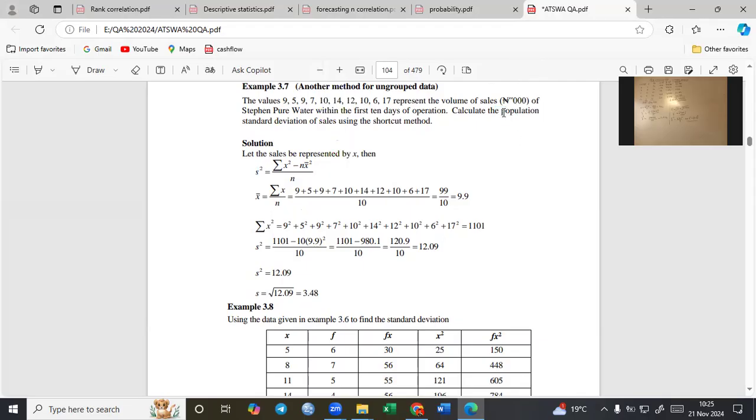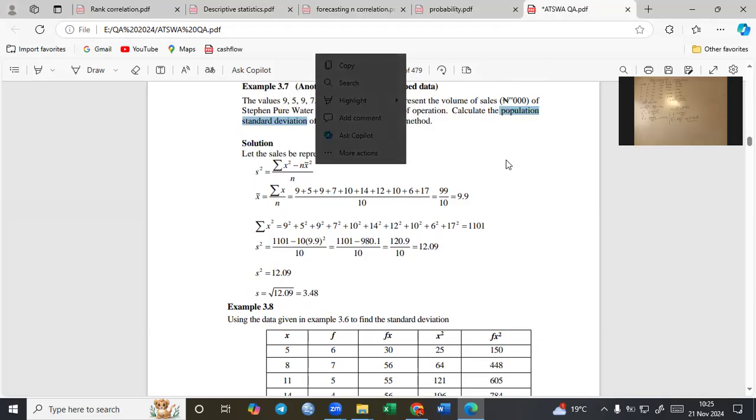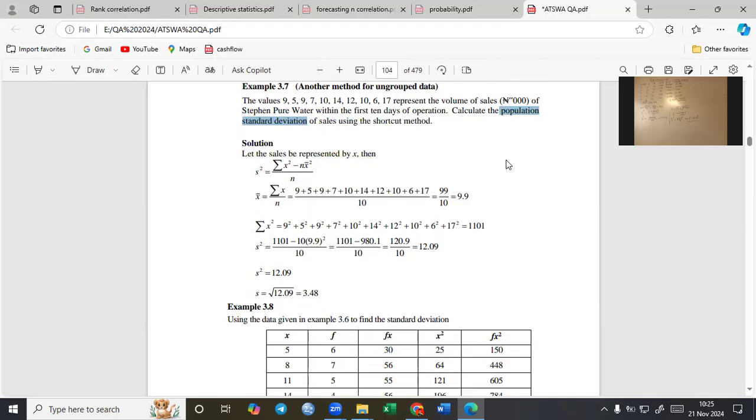So in an example, be very keen. I have told you the word population mean. From the question, you see here I have told you to calculate the population standard deviation using the shortcut method. Now it will be the same answer as the one above. So if you were to use your method above, it will still give you the same answer. It will not be different.